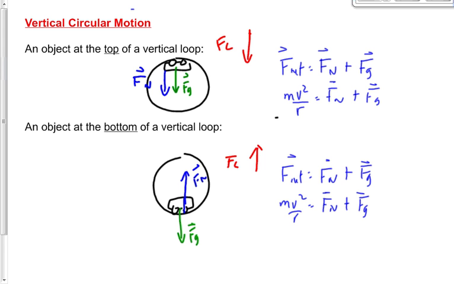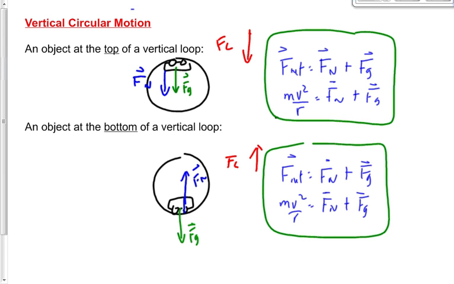Now, let's just take a quick look at the signs. What's positive, what's negative, and when should it be positive, and when should it be negative. The normal force at the top of the circle should be what? Positive or negative? Negative. The force of gravity at the top of the circle should be which way?